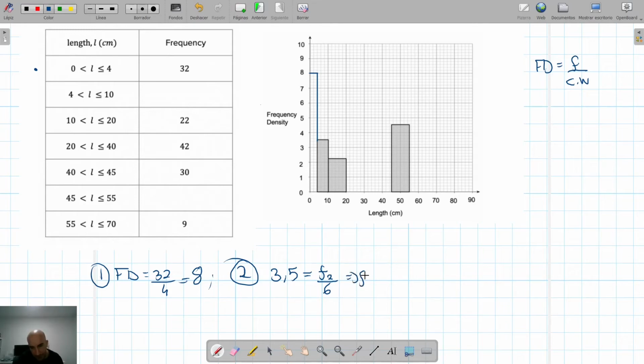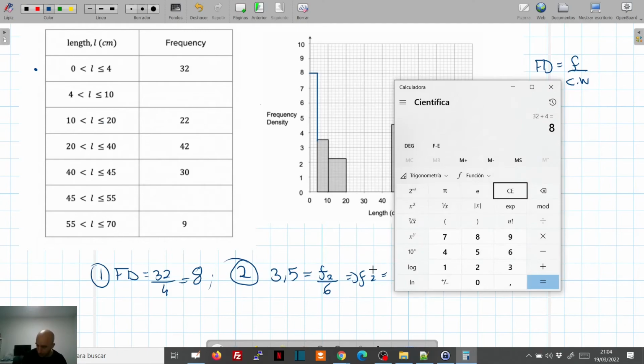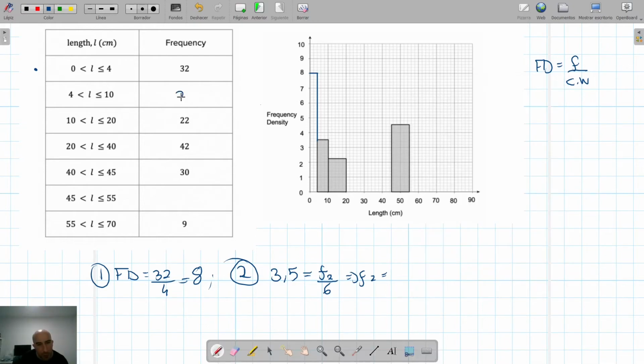So the frequency is going to be 6 times 3.5, and that's 21. So we can fill that in.